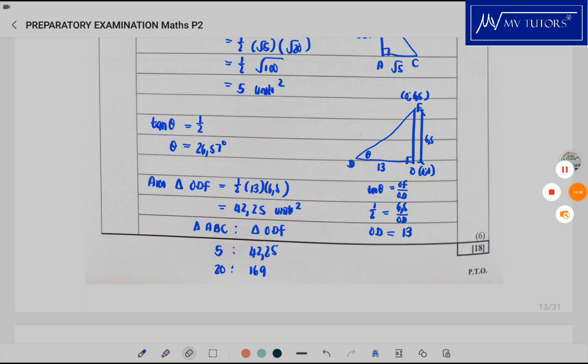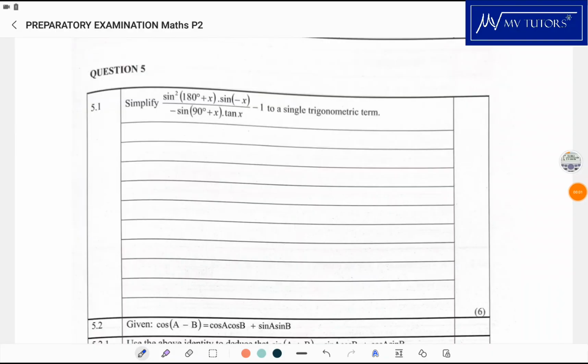Question 5. All right. Trigonometry. So it says simplify that to a single trigonometric term. All right, so sine squared of 180 plus x, let's start there. 180 plus x is in the third quadrant. Only tan is positive.